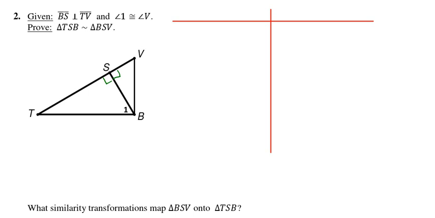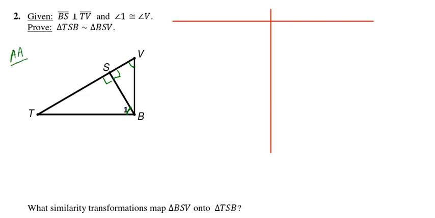Okay. So we also have that angle 1 is congruent to angle B right there. What can we say now? Do we have everything to say that they are similar? Because in order to prove that they are similar, we need angles.